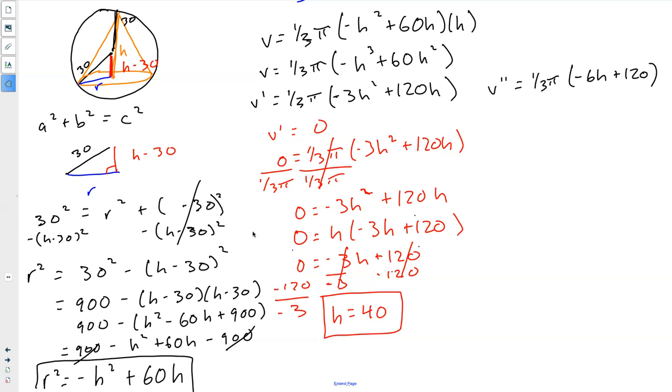Okay, so what we have just found is the height of the cone that can fit in there. So this whole h here up at the top is 40. And then if you subtract 30 from 40, that will tell you the height of this right angle inscribed in that cone. Okay, so we know we have a max or min point where h is equal to 40. So let's put that into our second derivative just to confirm that this is a maximum function.